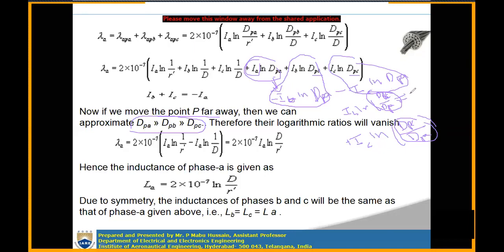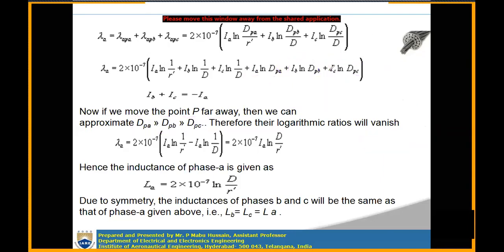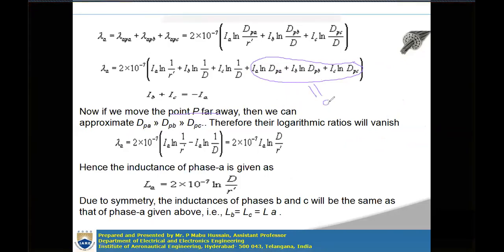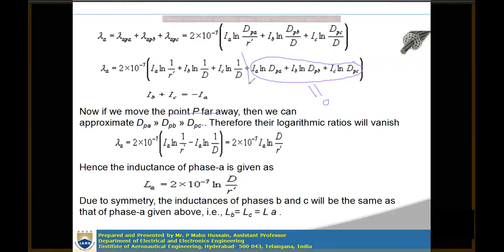That means ln 1 is equal to 0, so this entire term vanishes. So when you consider point P very far away, these terms will be equal to 0, and only the remaining expression is left.